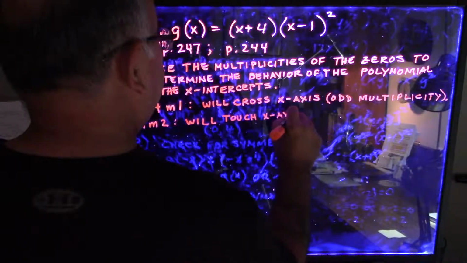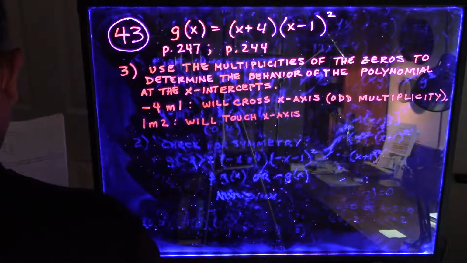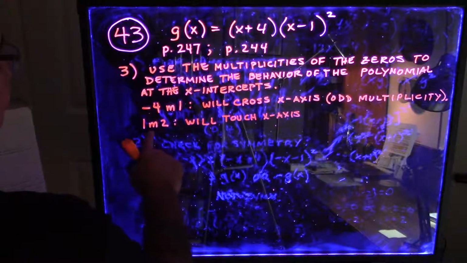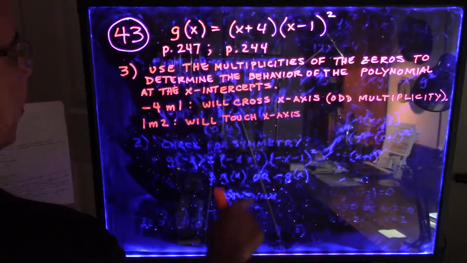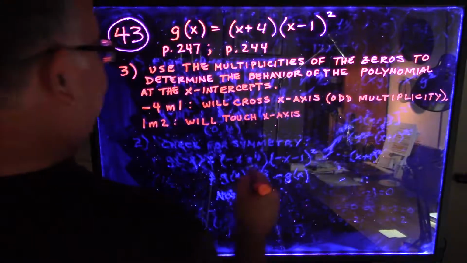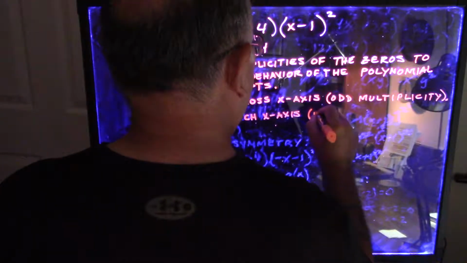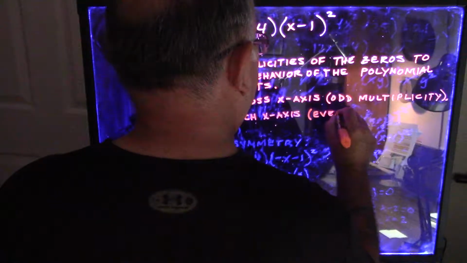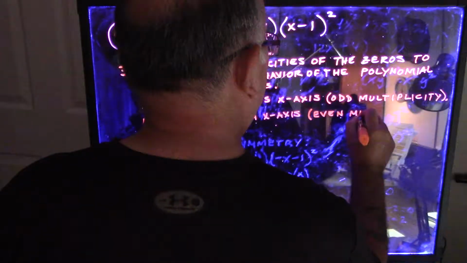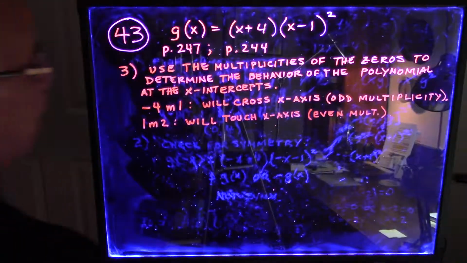That's because at this point x equals 1, that's where it'll do that. And that's because it has even multiplicity. 2 is even, of course.